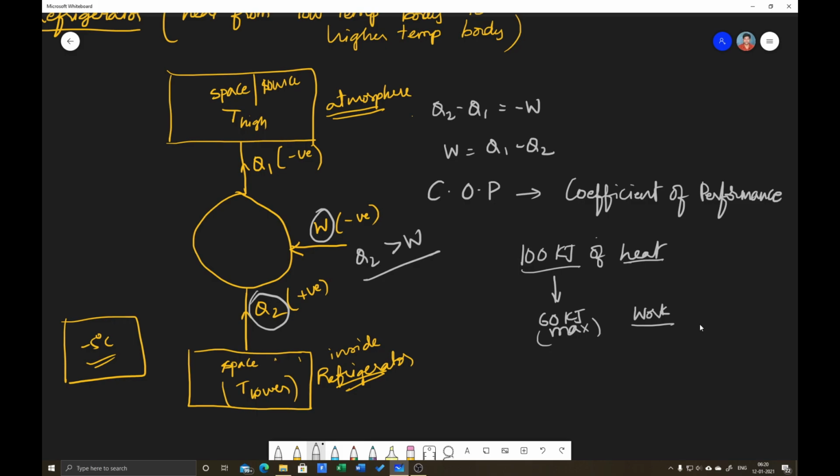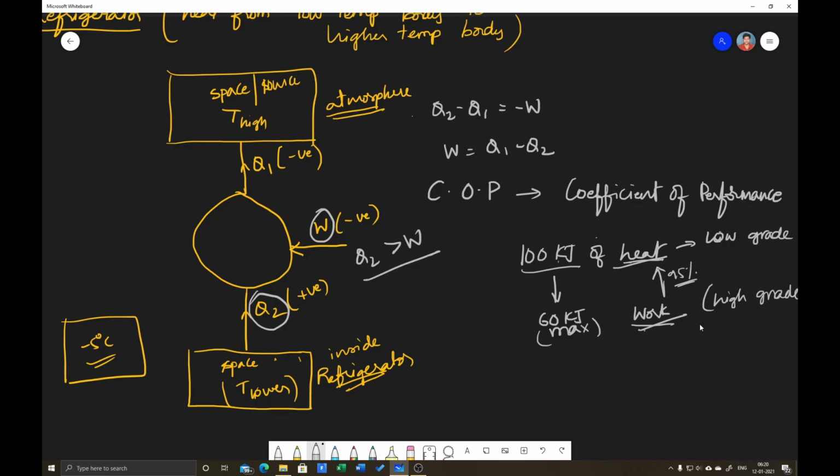That means some part of the heat is wasted. So this is a low grade energy. Heat is always a low grade energy, whereas work is a high grade energy, because this work can be transferred to heat easily with almost 95% efficiency.